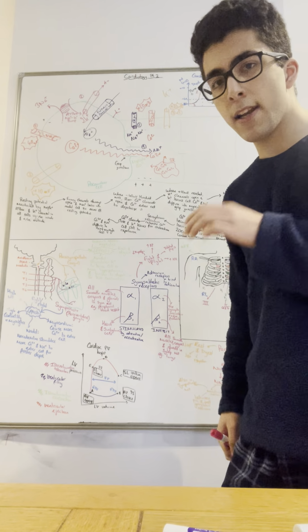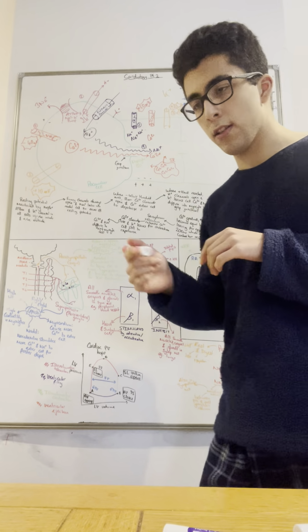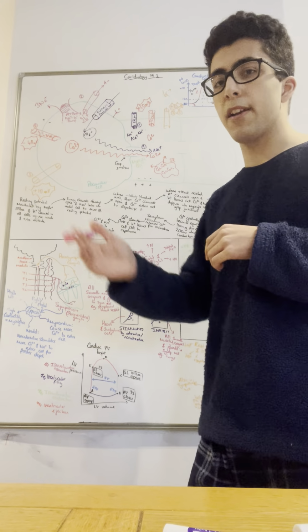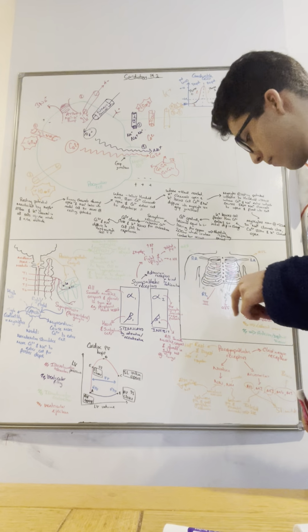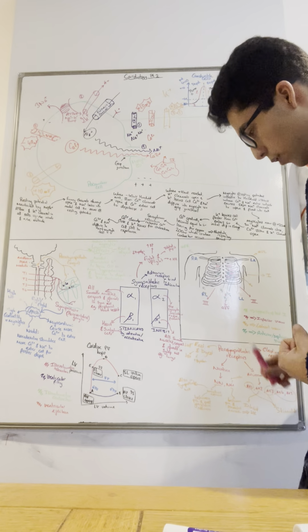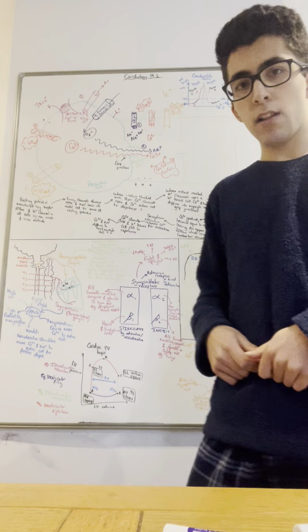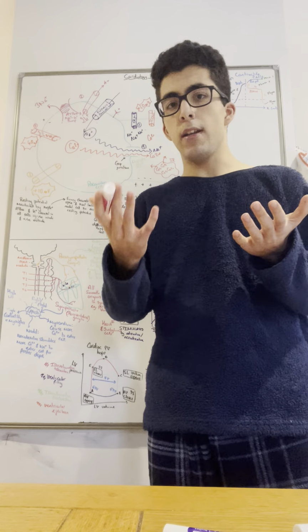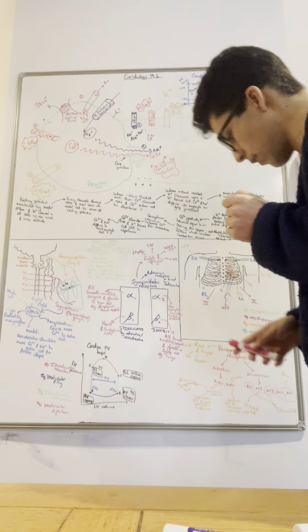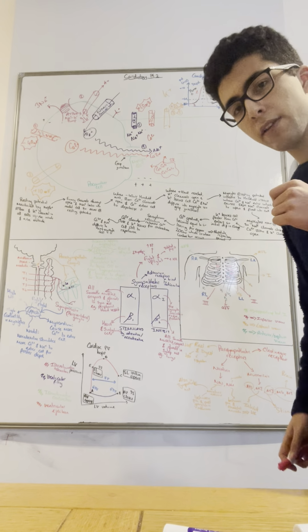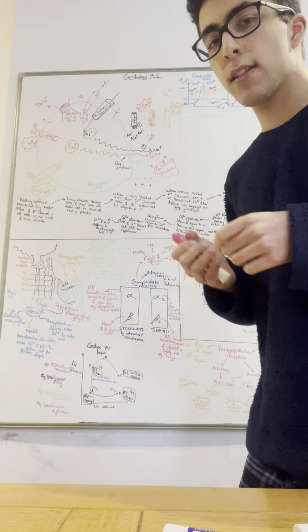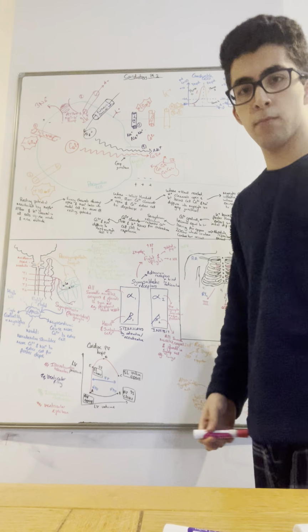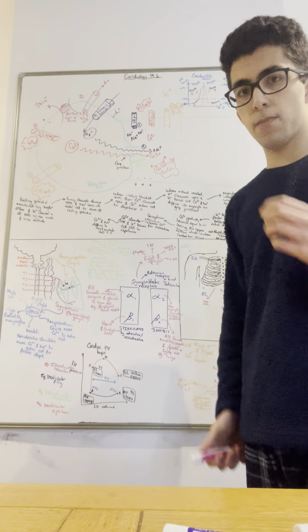So M4 and M5, they're not really associated in this context. They're more to do with our brain. Okay, so we can ignore them for now. So similar to our beta and alpha receptors, we've got some that stimulate and some that inhibit. In this case, our M1 and M3 receptors stimulate parasympathetic actions.